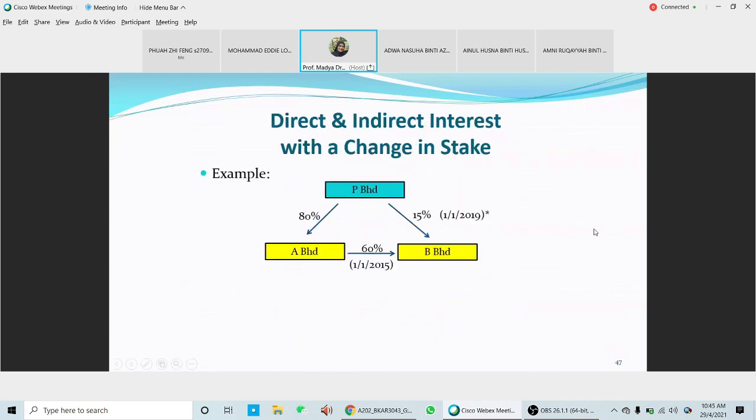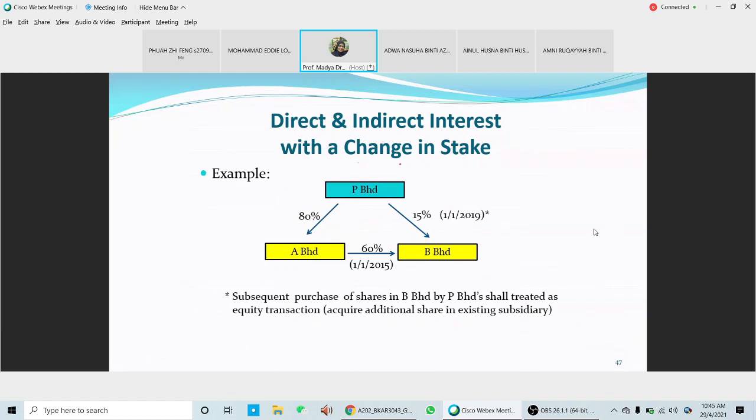Okay. So now we're going to look at the changes in state. Change in state. That is another thing. We have direct and indirect interest with a change in state. So the example that we have here, P has shares in A of 80%, and then A also has shares in B of 60%.